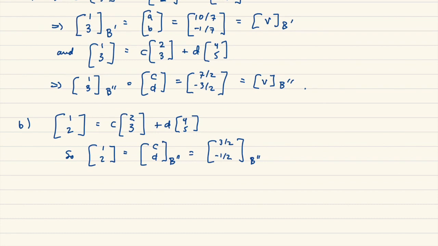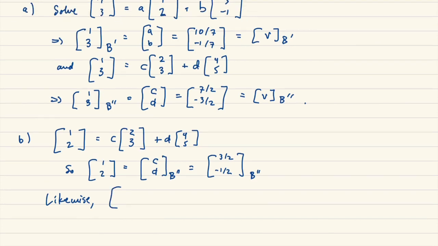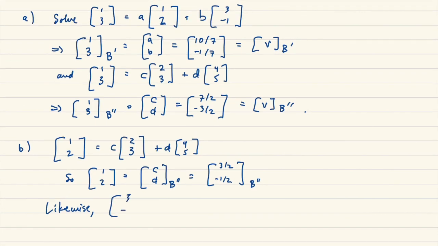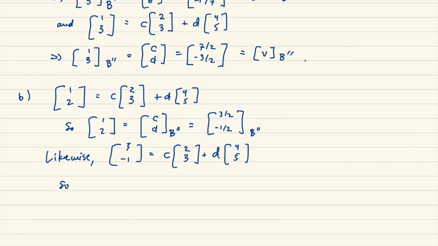Okay. Likewise, we want to take the other basis vector in B prime, which was 3, negative 1, and write this as a linear combination of 2, 3 and 4, 5. And when we do that, we end up with 3, negative 1 being written as the vector CD with respect to B double prime, where C happens to be negative 19/2.